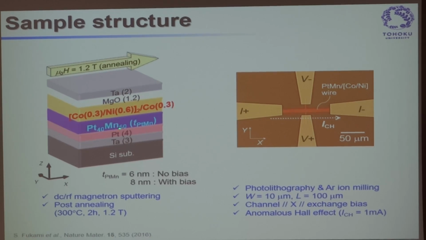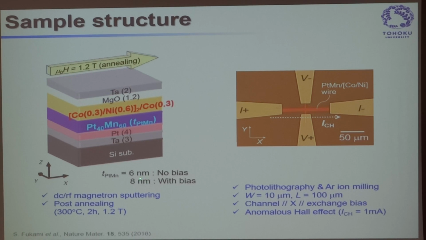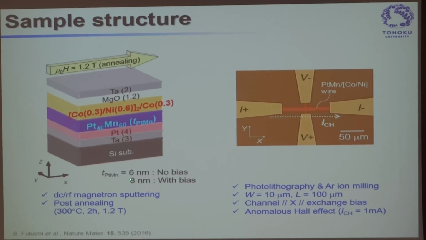We used platinum manganese with 60% manganese, and depending on the thickness and the annealing condition, as Eric mentioned, 300 degrees C, 2 hours, 1.2 Tesla, we get no bias at 6 nanometer thickness of platinum manganese, but a good exchange bias at 8 nanometer thickness. So we can get two device sets from the same material stack, with and without exchange bias.